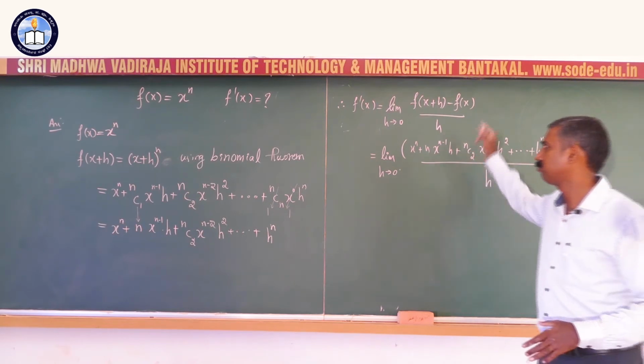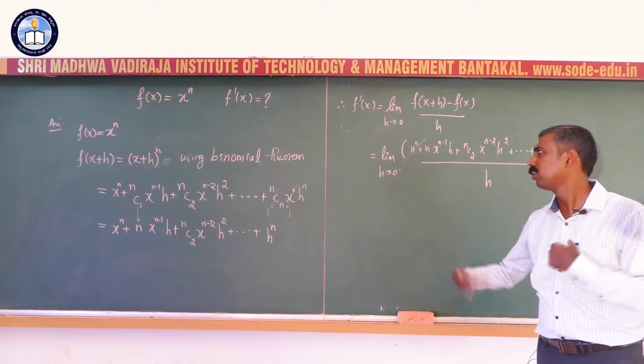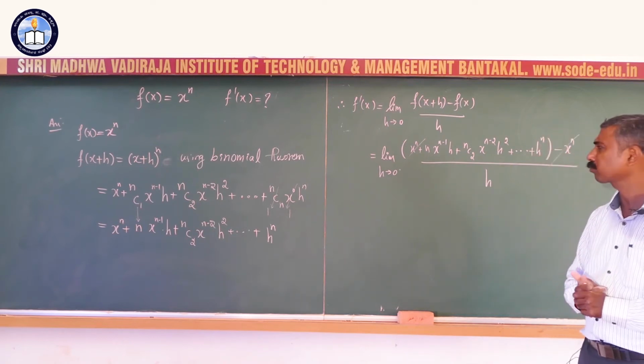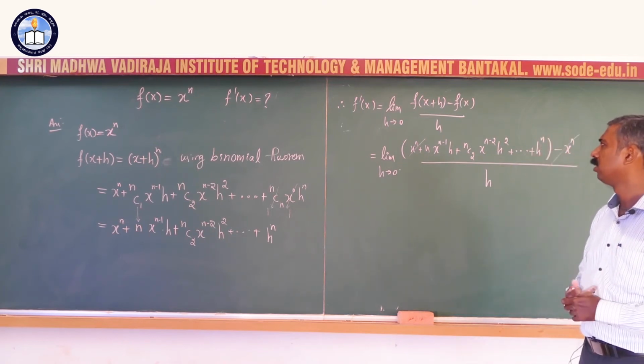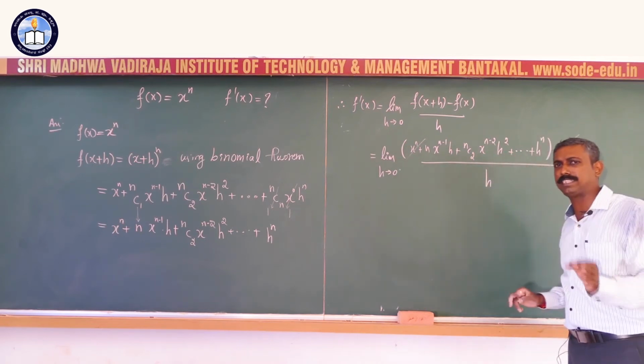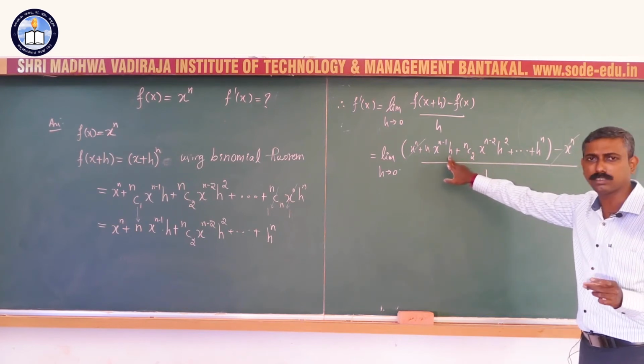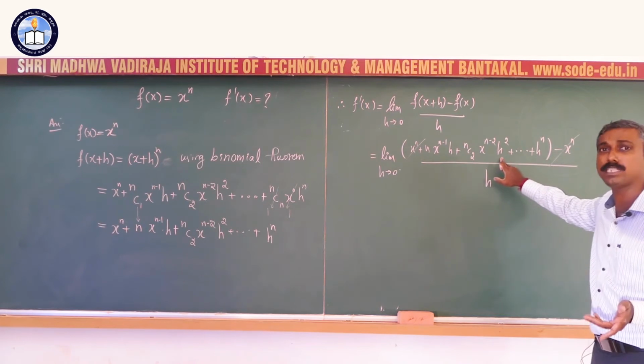Immediately we can cancel x power n and x power n. The cancellation part is over. Now, what is remaining there? When you look at the other terms, we see that h is present, and here h square is present.